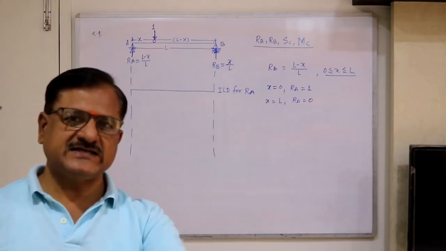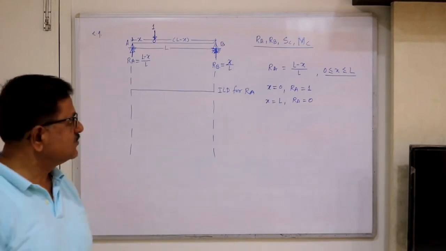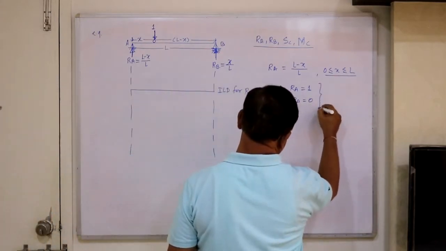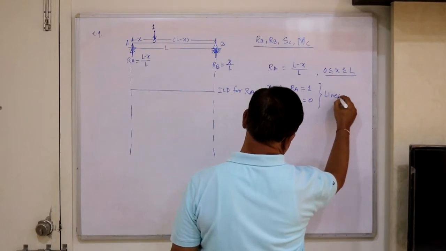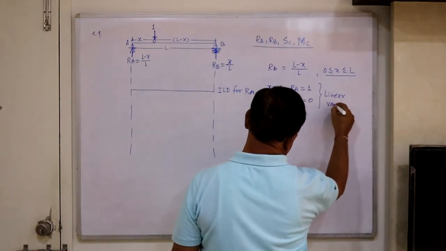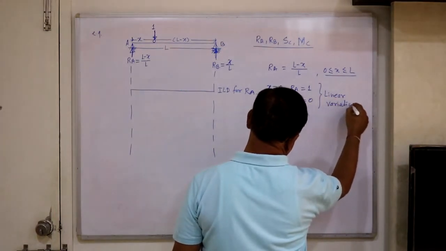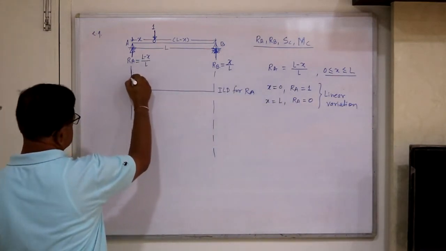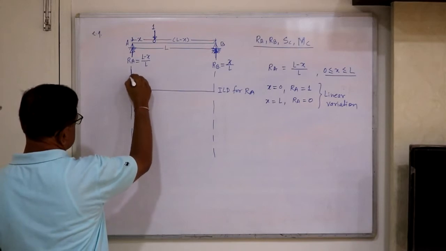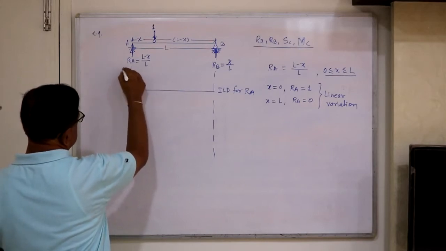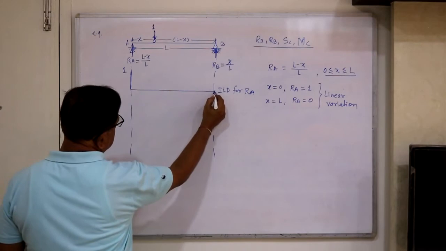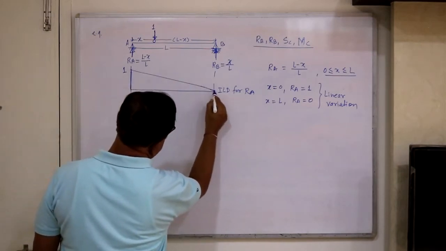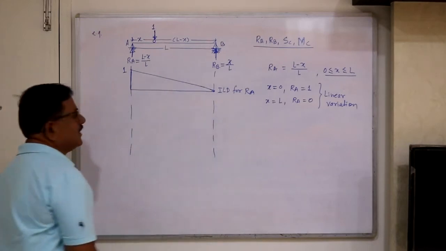When the unit load is at B, reaction RA is equal to 0. And again, that equation itself shows linear variation. So the maximum ordinate is 1 here, this is the ordinate 1 and 0 here, and linear means a straight line, so draw a straight line joining these two points.